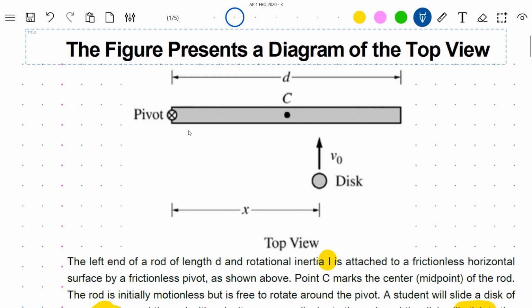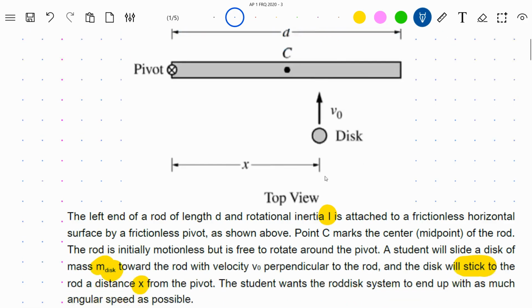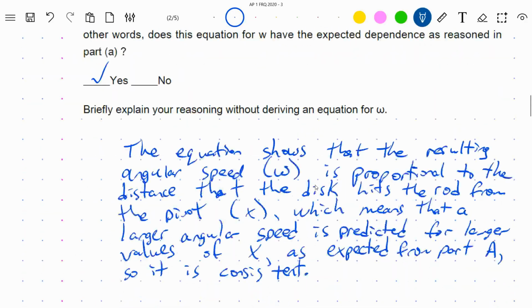So that's exactly the opposite of what this equation is predicting. It's saying that if you make this an even more massive rod or a longer rod, it's going to spin faster because of that, for the same impact, for the same disc collision. So that does not make physical sense here.